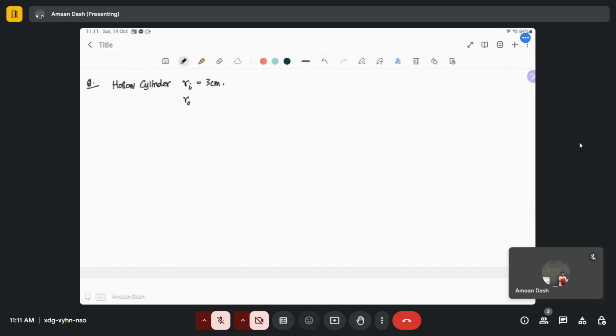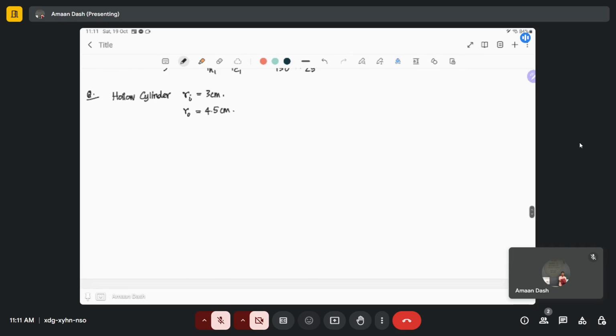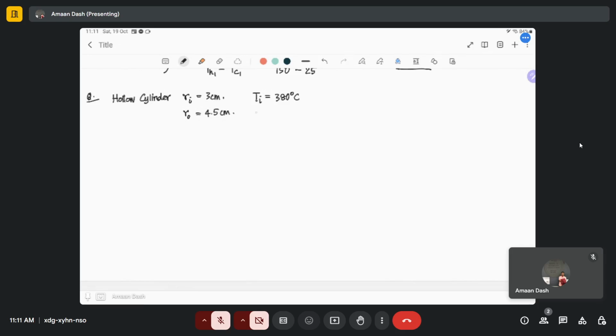The inner and outer temperatures are maintained at Ti is 380 degree Celsius and outer temperature is 360 degree Celsius.